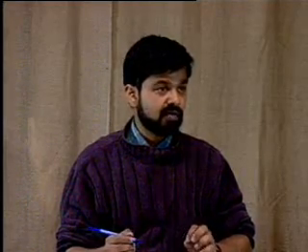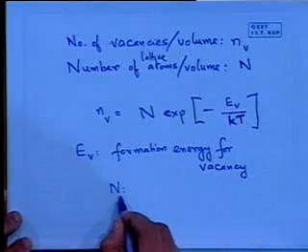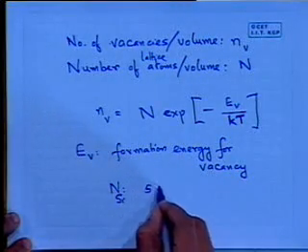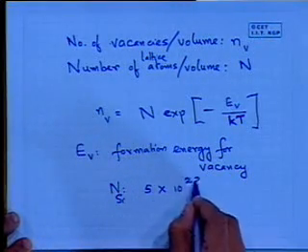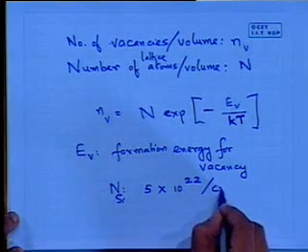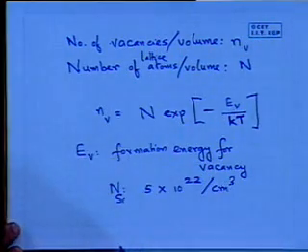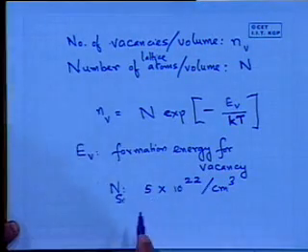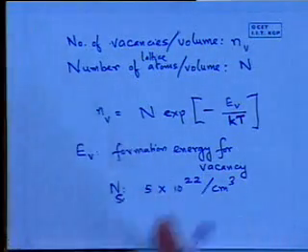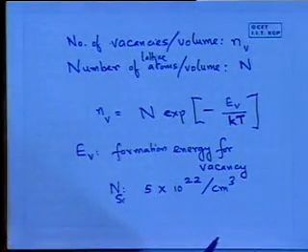And based on that, I should easily be able to calculate the number of atoms per unit volume. Is that clear? Right? So if we take the example of silicon, it's something like 5 times 10 to the power 22 atoms per cubic centimeter. Roughly. Now most solids will have numbers of this kind, 10 to the power 22.